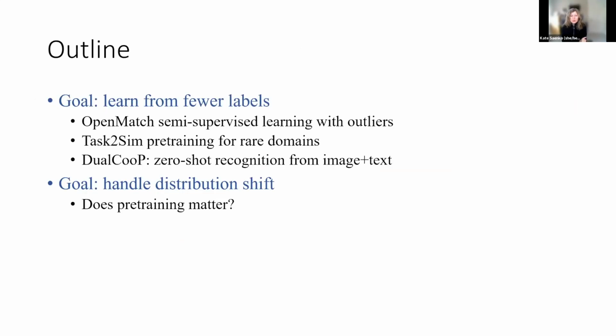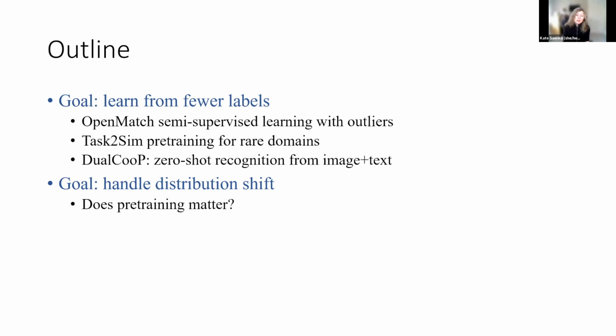So the plan for today is to talk about some solutions to these problems that I outlined. Starting with learning from less labeling, we're going to talk about OpenMatch, which is a way to do semi-supervised learning with outlier categories. Then I'll talk about simulation pre-training for rare domains.